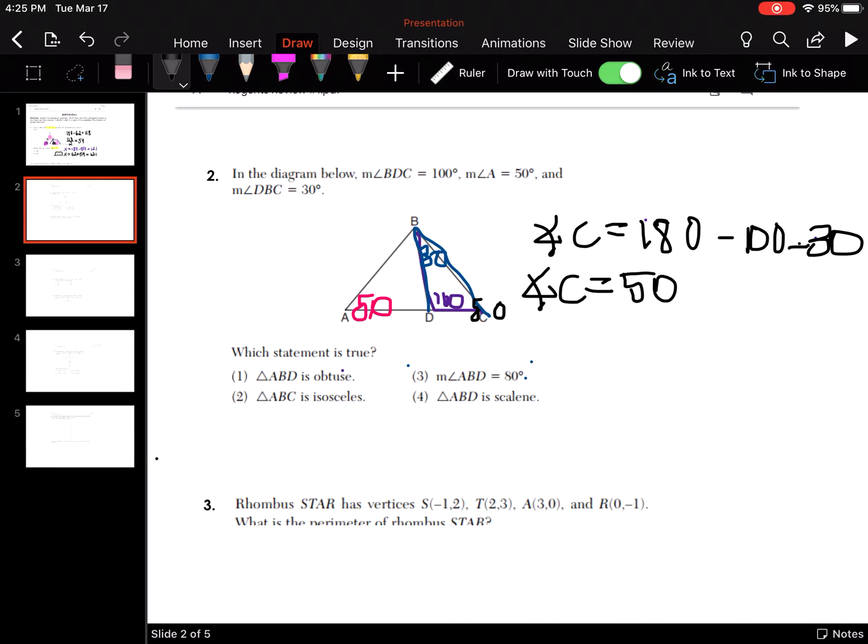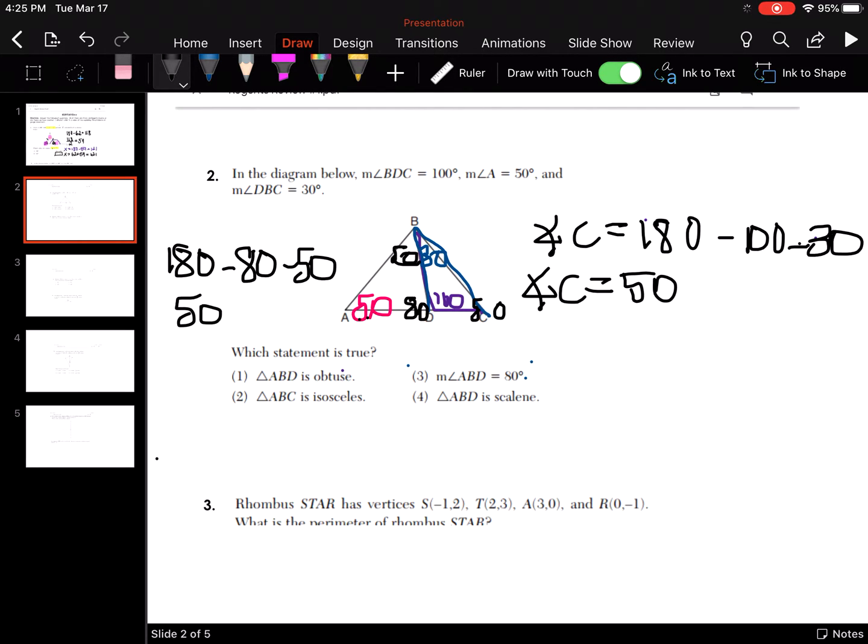We also know that this angle right here is going to have to be 80 because these two together are a linear pair, which means this angle here is going to be 180 minus the 80 and minus the 50 from down here, which gives us 50. So this angle here is 50.